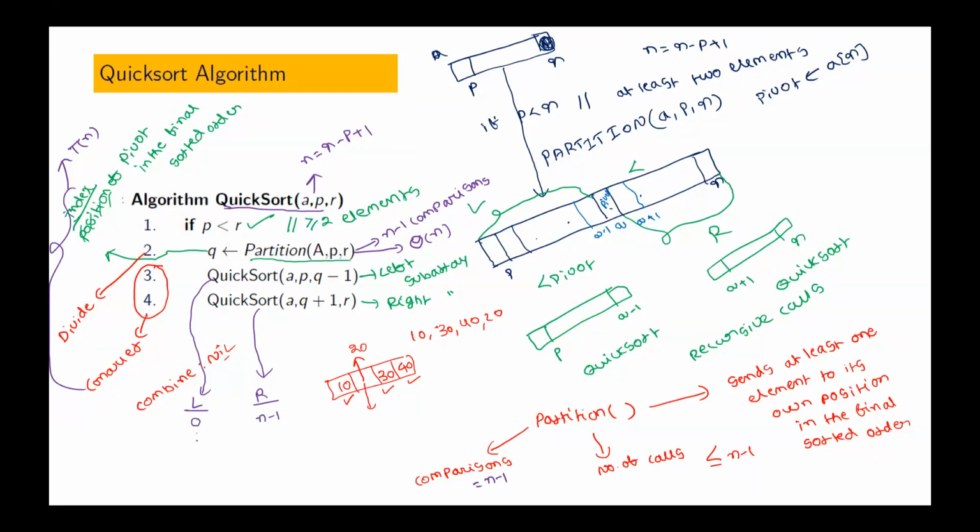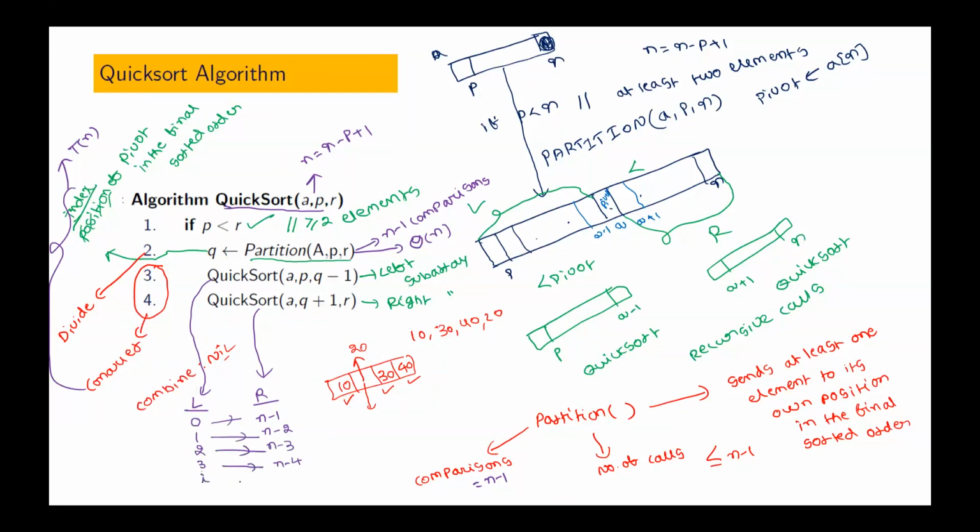Left side 1 means right side n minus 2. Left side 2 means right side n minus 3. Left side 3 means n minus 4, and so on.